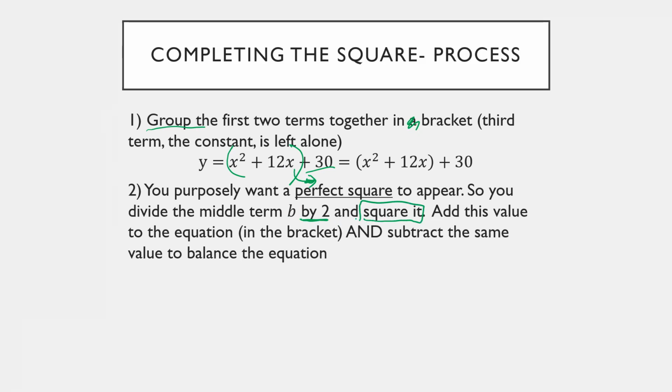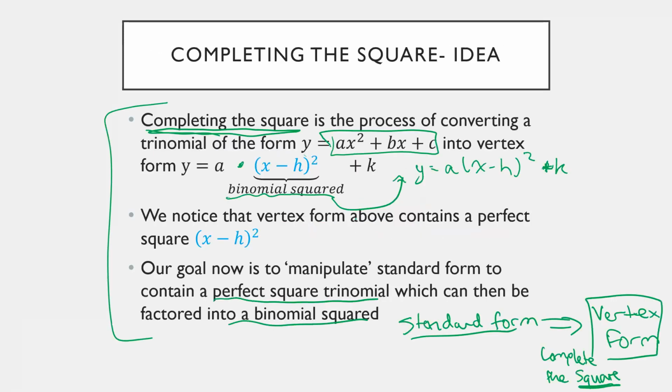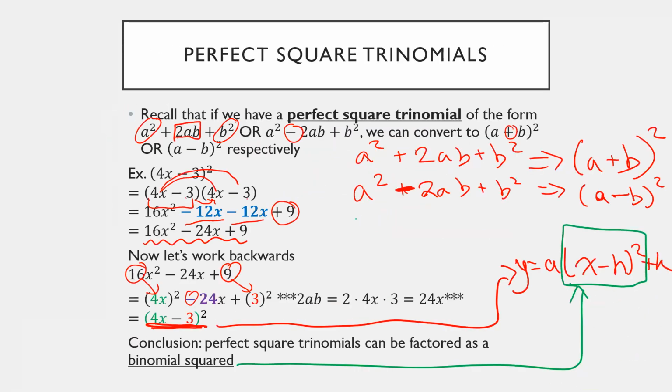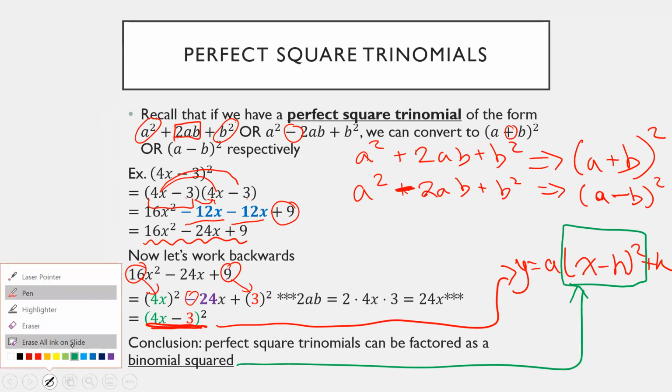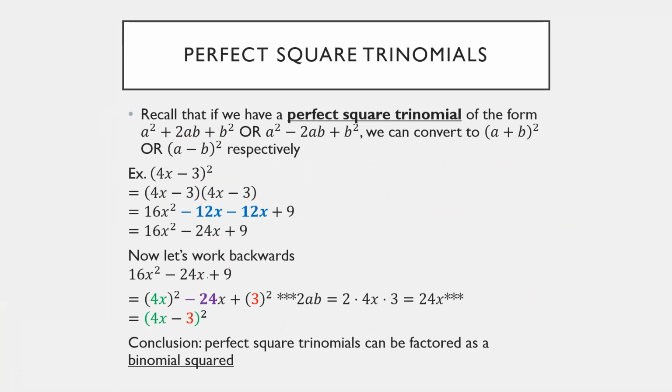Right before, and I'm going to go back to the first example we did here so you can compare, notice that when we had (4x − 3) squared, when I expanded this out, I took the product of the two square roots, so 4x times 3, that gives me 12x, and then I multiply by 2, that gives me negative 24x, right? So what we're doing is working backwards.